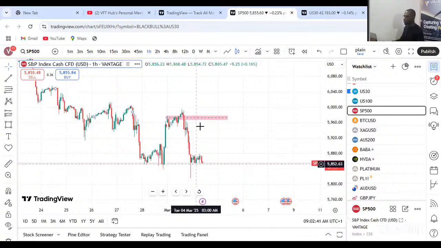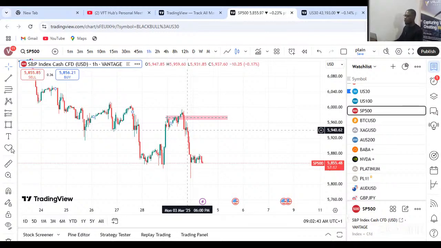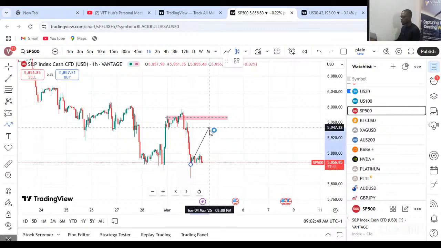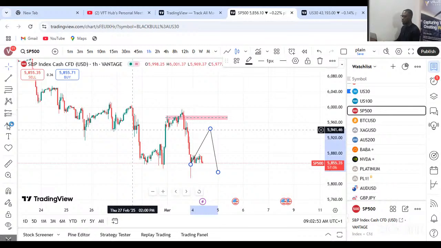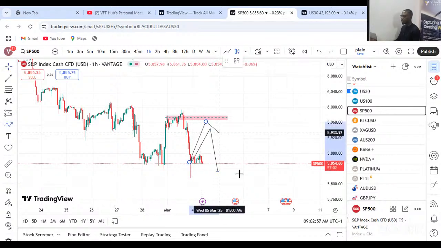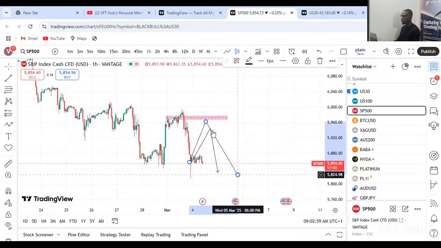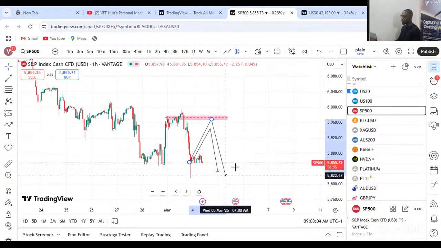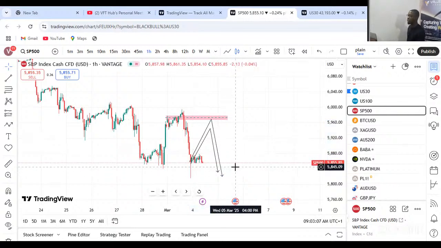We want price to come back to this other block level for us to start selling off, or we see price coming to this fair value gap, and then start to sell off, right? One of those has to happen, and will eventually happen, provided fundamentals still remain the same.